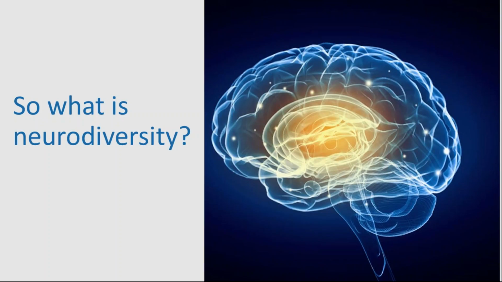Neurodiversity is a relatively new concept. It first appeared in print in 1998, and it's attributed to an Australian social scientist, Judy Singer. She sees the concept of disability as rooted in a social model rather than just the individual.